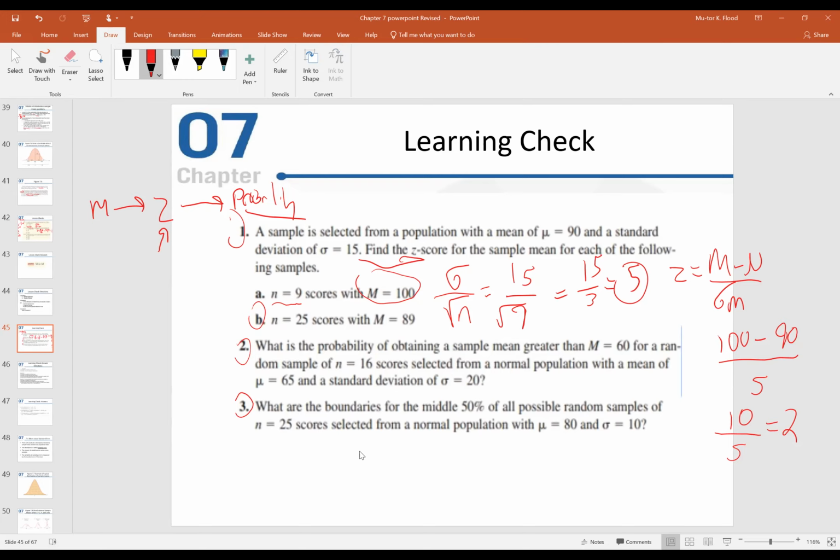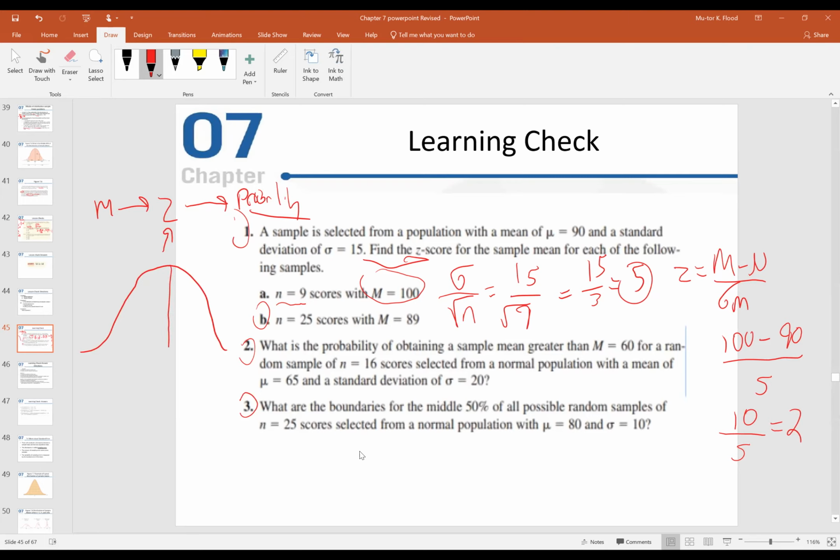So here's our distribution, and it's asking us for the middle 50%, all this stuff right here. They're giving us the sample means and asking us to find boundaries.